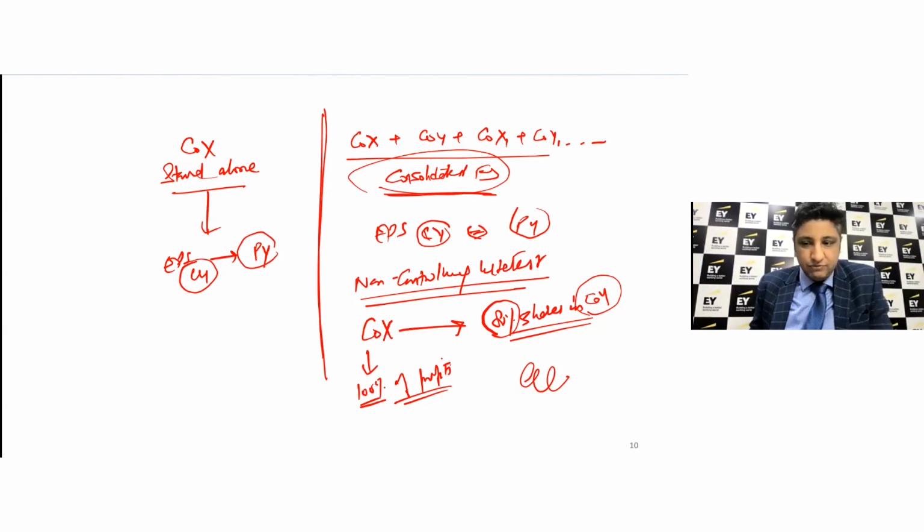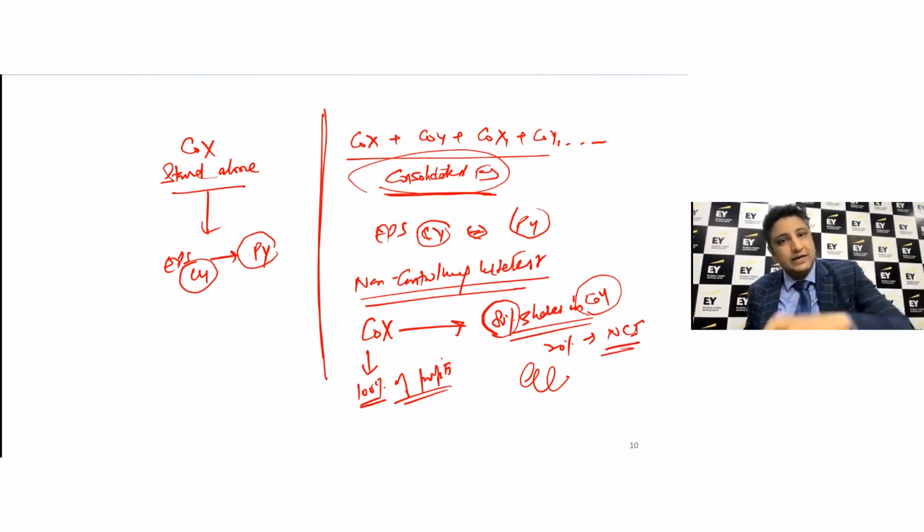Whereas the group earns in totality the profit earned by company X as well as by company Y. There is a share of 20% which relates to the NCI, the non-controlling interest. So we have to factor that part when we calculate the EPS at a group level.